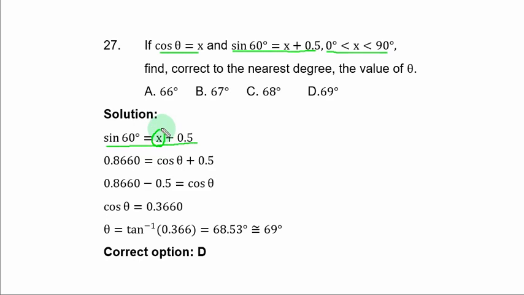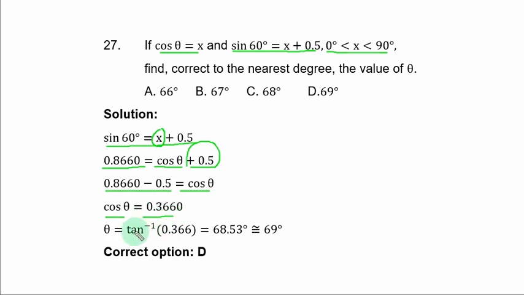So sine 60 degrees is 0.8660, equal to cos theta plus 0.5. Collect like terms by transferring this, so you have 0.8660 minus 0.5 equal to cos theta. So cos theta is equal to this.